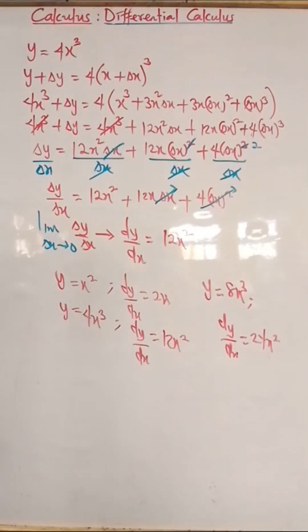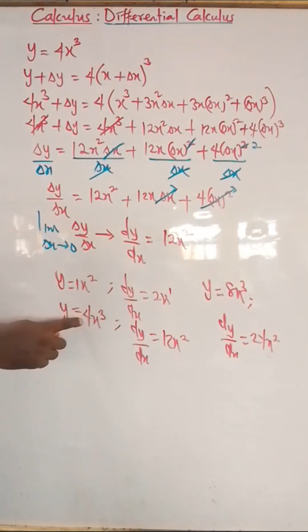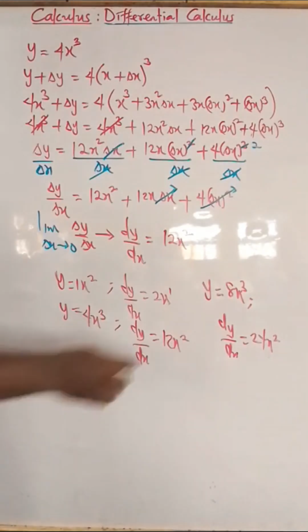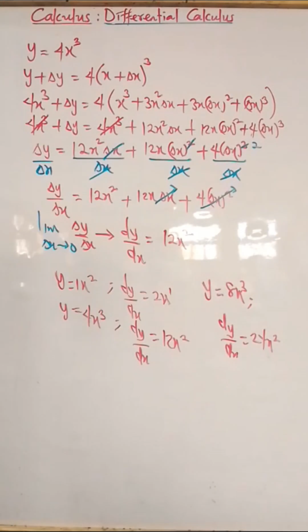How? It's a pattern. What's the pattern? For example, here, the coefficient of x is 1. So 2 times 1, 2. Then from this power, remove 1, that is 1. Here also, 3 times 4 is 12. From 3 remove 1, 2. So if you apply the same thing here, 3 times 8, 24. 3 minus 1, 2.